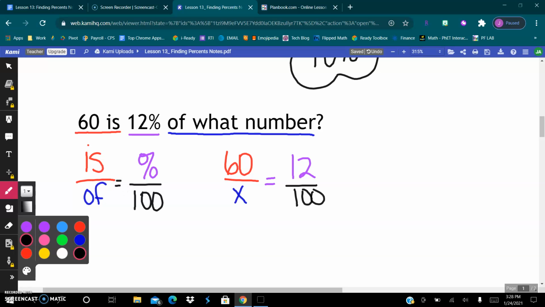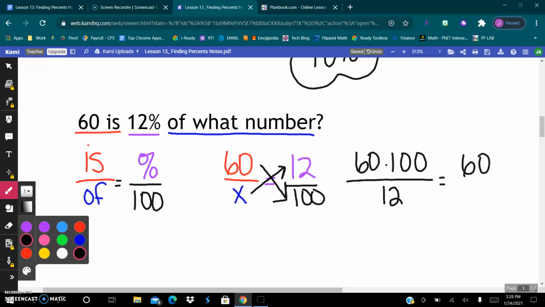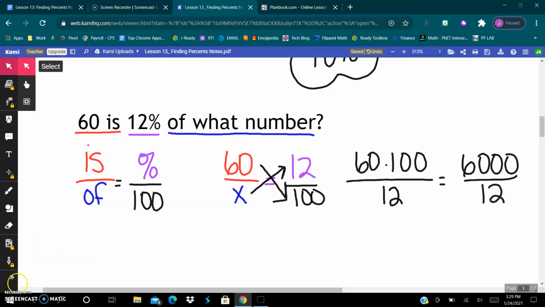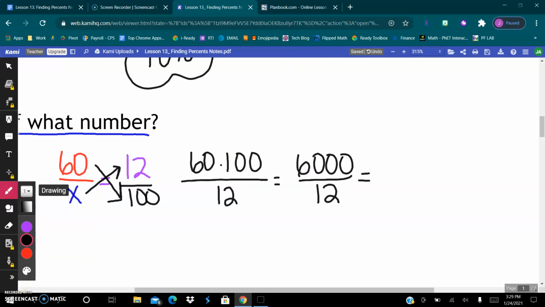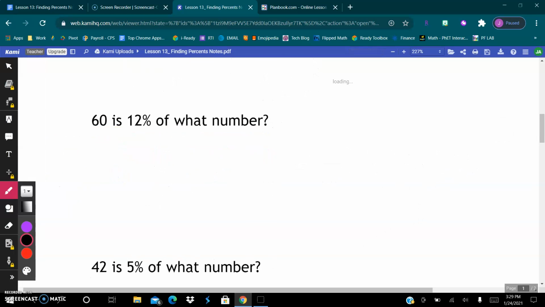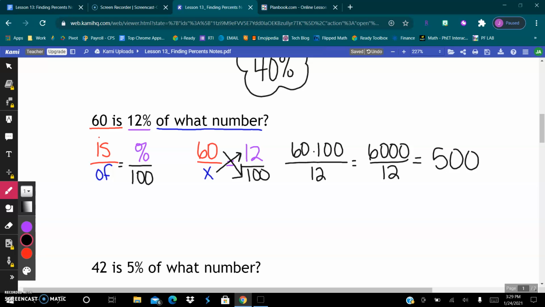So now we're going to do the same thing. We're going to cross multiply. So we have 60 times 100, that is across from each other. And 12 is across from the x, so we have to divide by 12. So we'll have 6,000 divided by 12, and that equals 500. And notice this question does not say what percent, it says of what number.